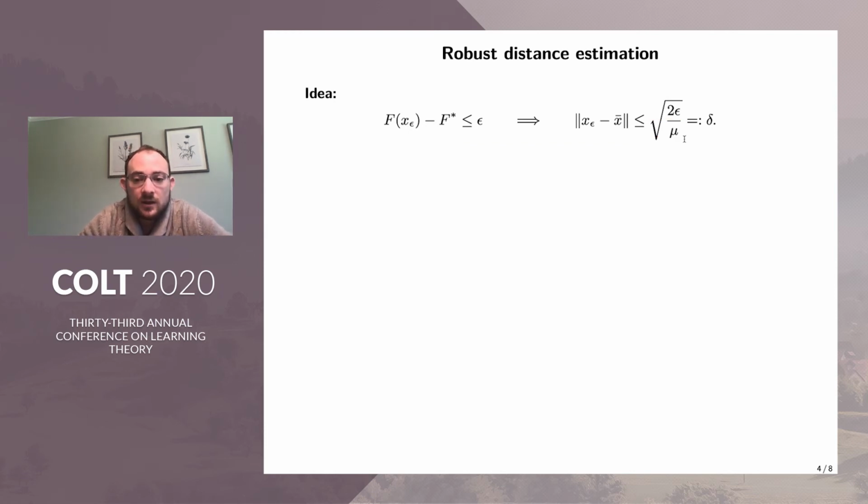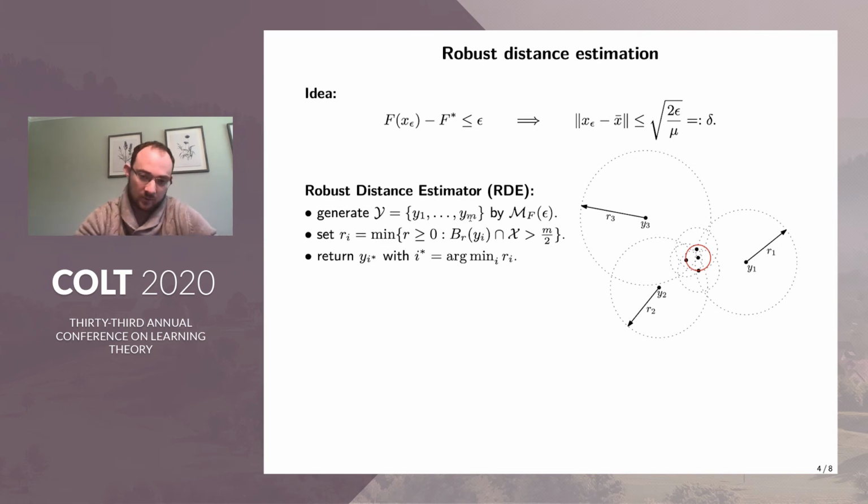So you run your procedure m times, and each individual point, independently with probability 2/3, is going to be delta close to x bar. We don't know where x bar is, but this means that many of the points are going to cluster near x bar. And so what you can do is look at pairwise distances.